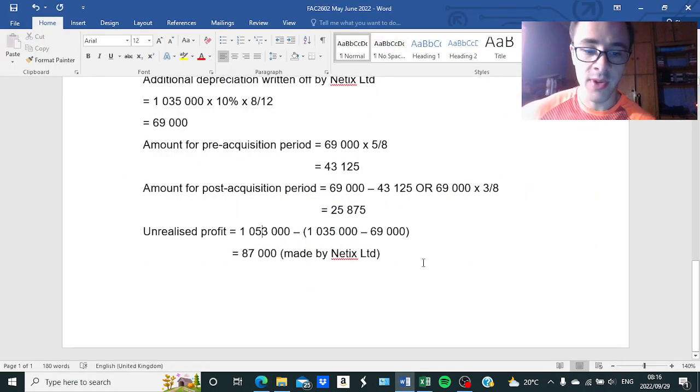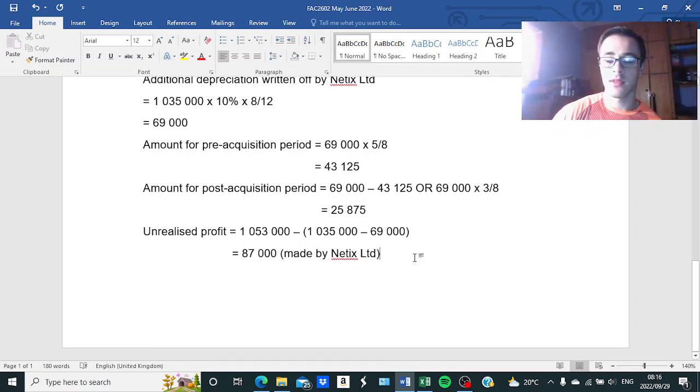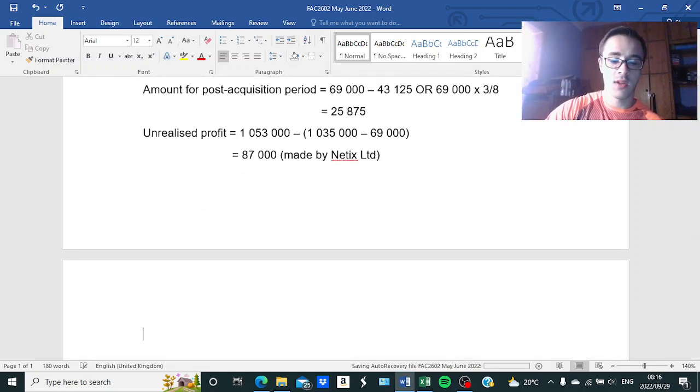Now that we have addressed that, we need to actually eliminate the unrealized profit. So our journal entry will be, because the profit was made in the current year, we will debit other income for Netix Limited, because we need to decrease the profit that they've made, by 87,000.